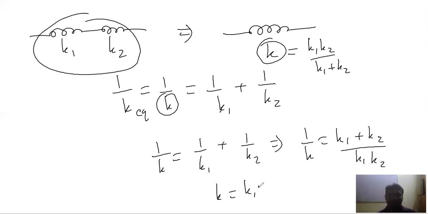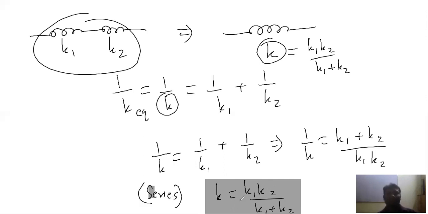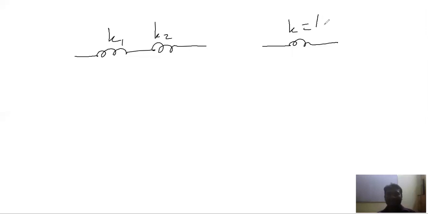So K equivalent comes out to be K1 K2 upon (K1 plus K2). So for two springs in series, the equivalent spring constant is K1 K2 upon (K1 plus K2).